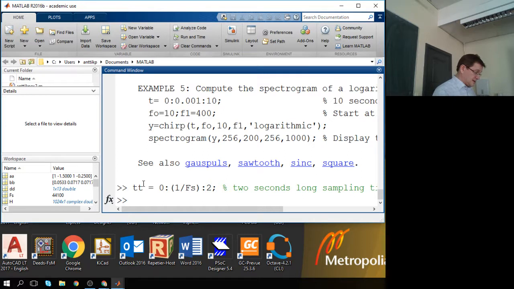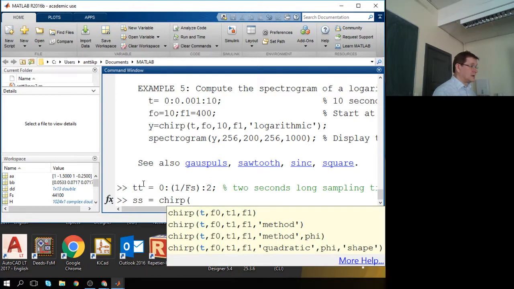And then the signal itself would be S equals chirp. Time vector T. We start from 500 hertz, and then at T1, meaning the end time, that would be 2 seconds, we would have 2 kilohertz.